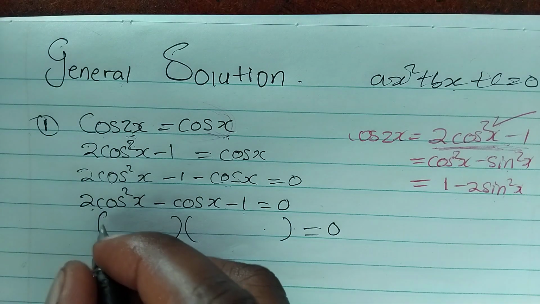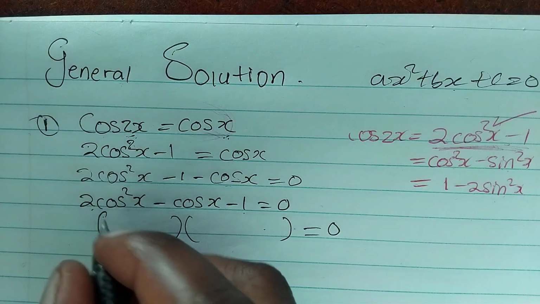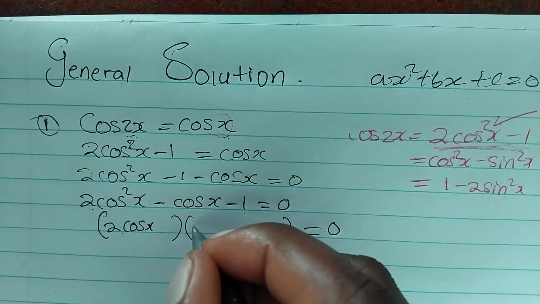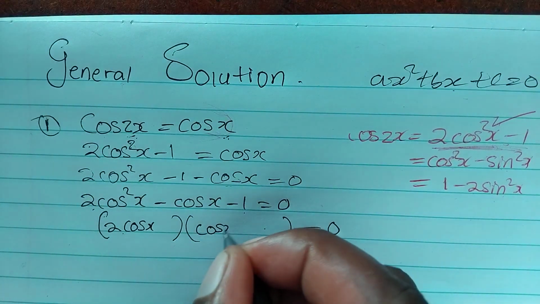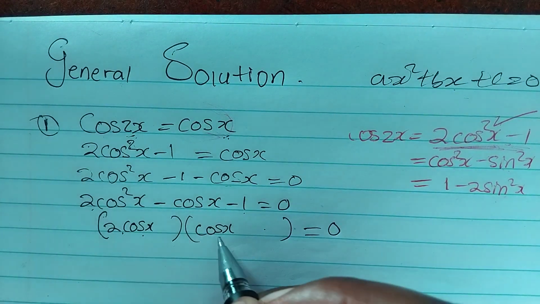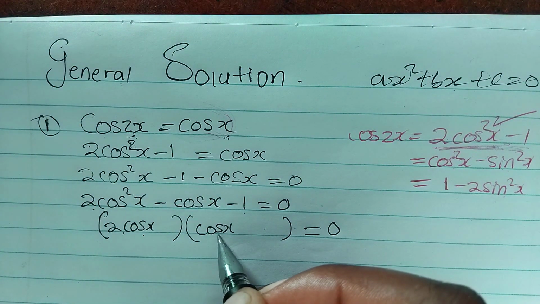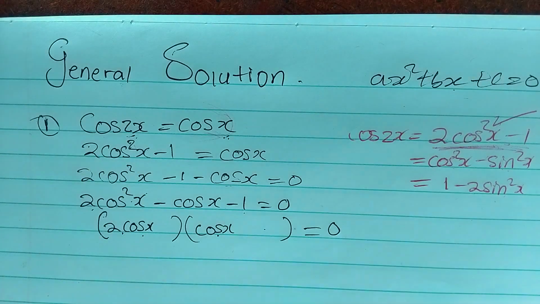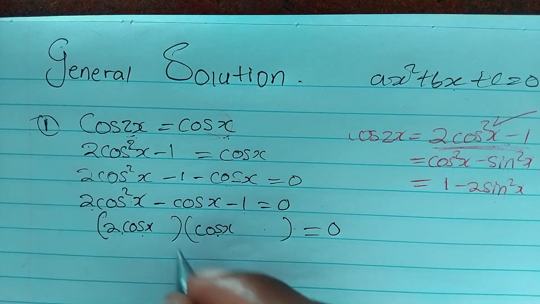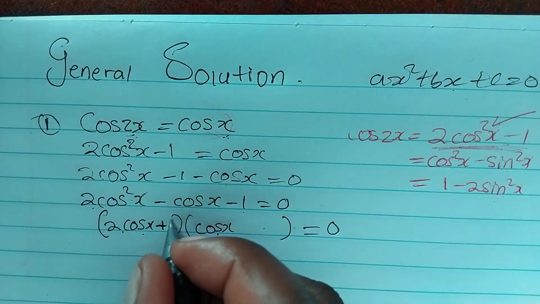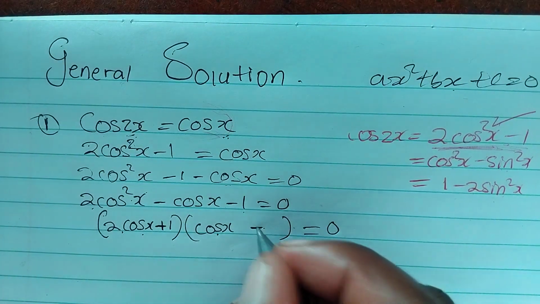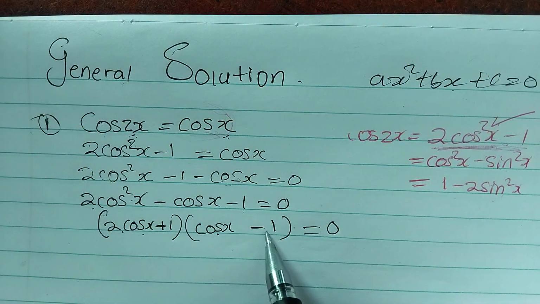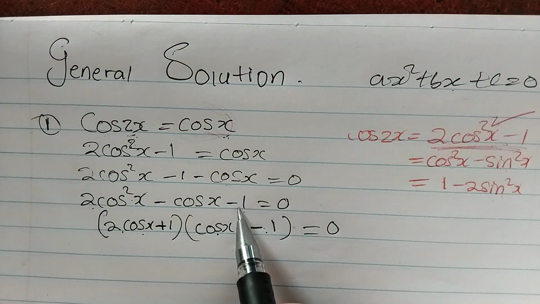So the factors here will be 2 cos x, then here will be cos x, because if you multiply 2 cos x times cos x, it will just give us 2 cos squared x. Then here we'll have plus 1, and then here we'll have minus 1, since 1 times negative 1 will give us negative 1.